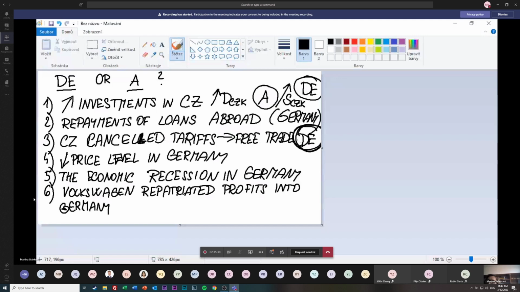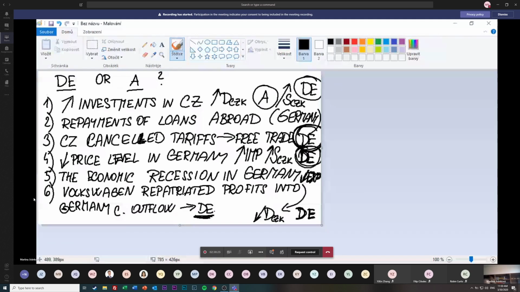They have Czech crowns, and they are offering Czech crowns and demanding euros. It's the capital outflow. So that means again depreciation. So everything was depreciation except the first exercise. So place your questions if there are any.